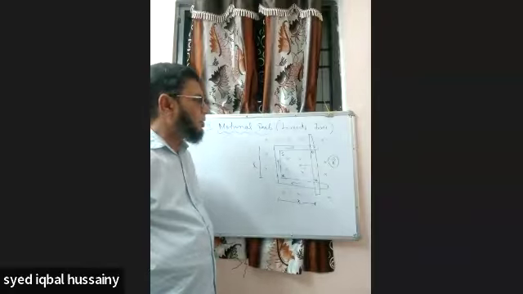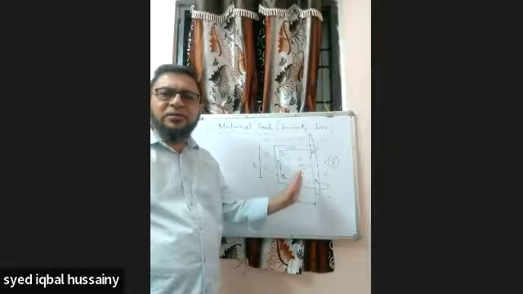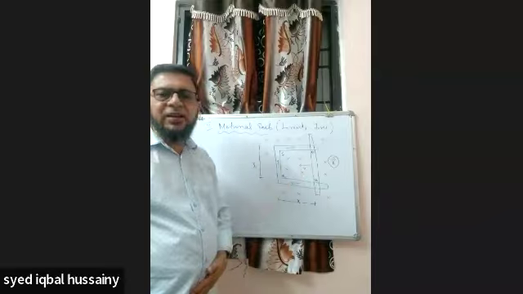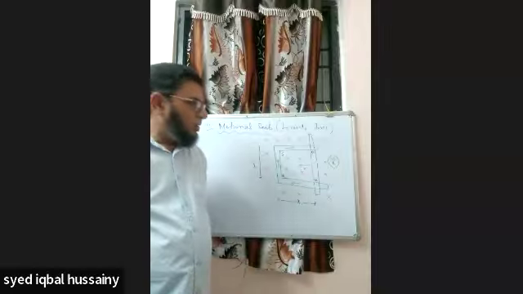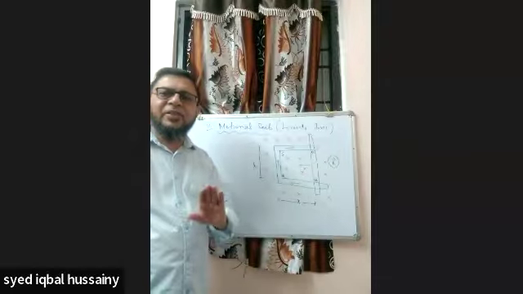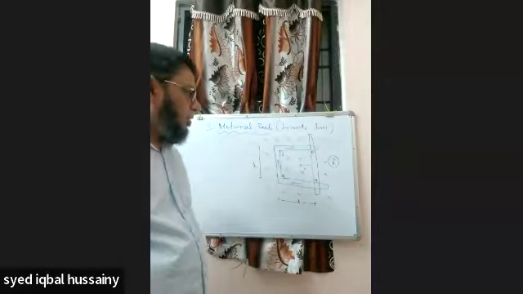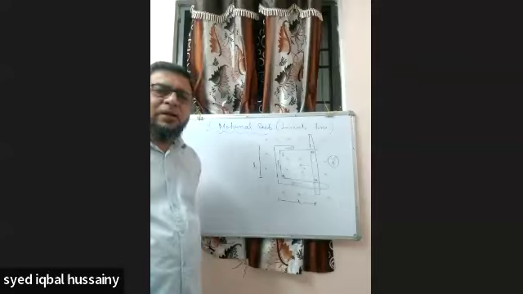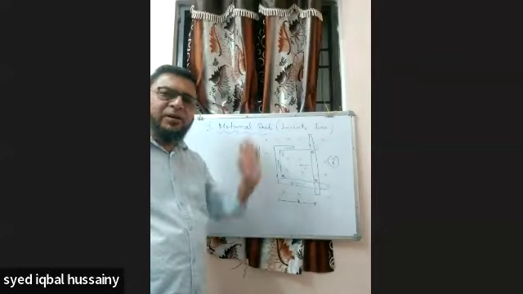Imagine magnetic field lines are going inside the paper. Imagine B vector, magnetic field lines are going inside.